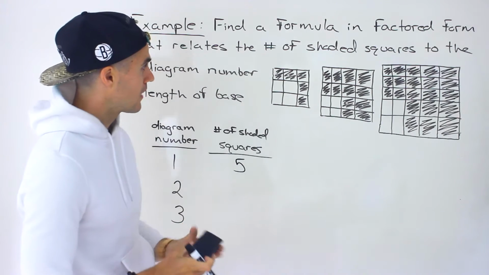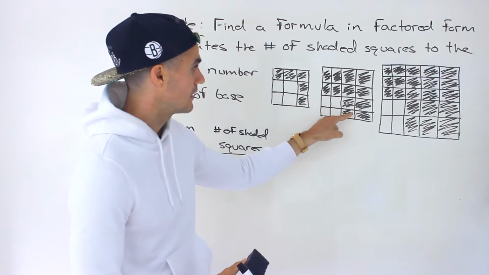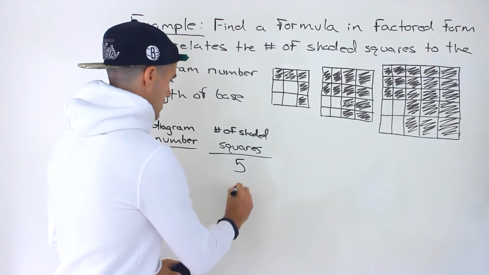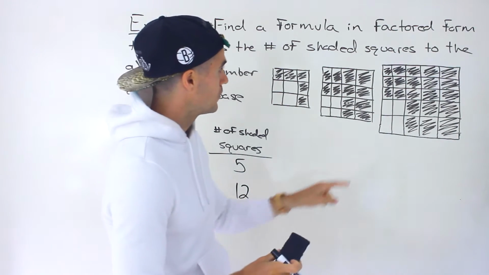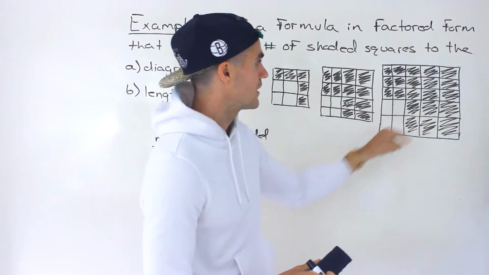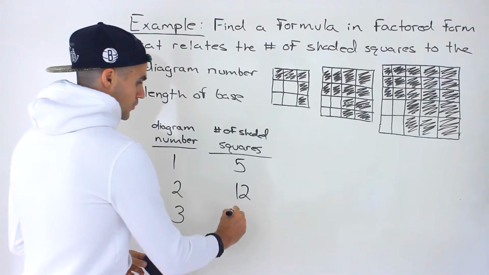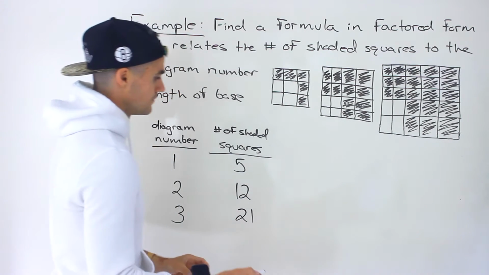In the second diagram, it would be 2 by 4, so 8, 9, 10, 11, 12. Then in the third diagram, we would have 3 by 5, so that would be 15, and then we have a 2 by 3, which would be 6. So 15 plus 6 would give us 21.